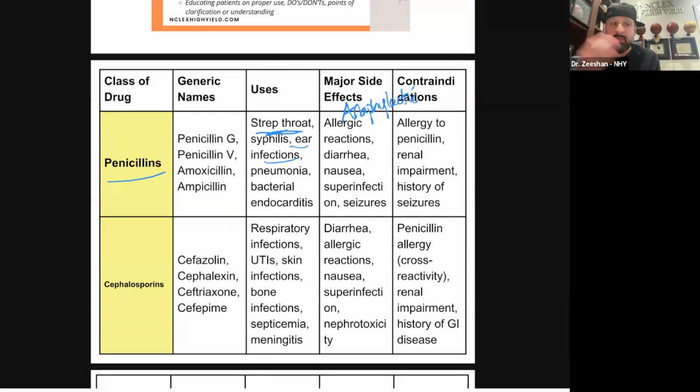Now, when we give a child its first dose of any type of penicillin, what are we going to see? Is their airway going to close up right away? Is that the first reaction that's going to happen? Not necessarily.